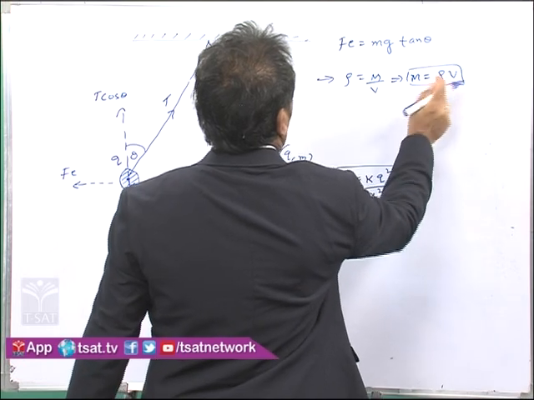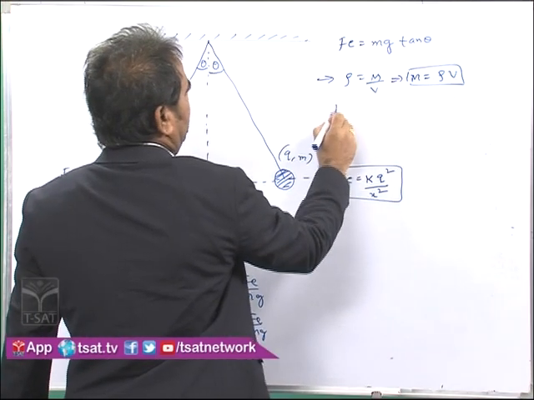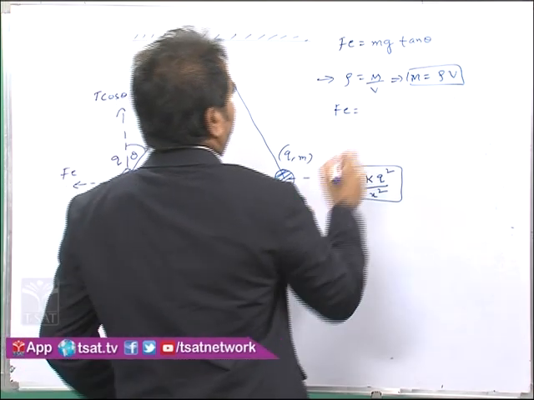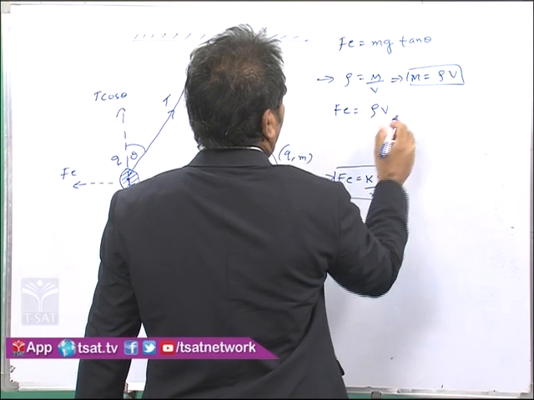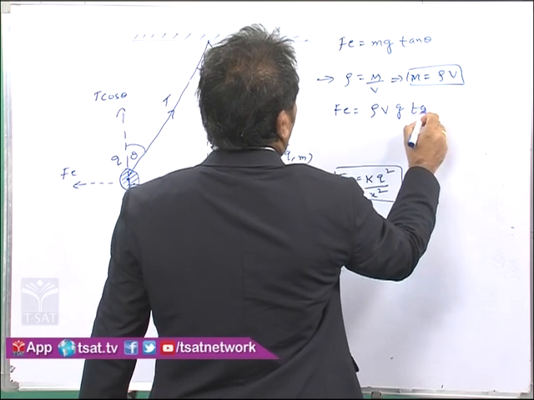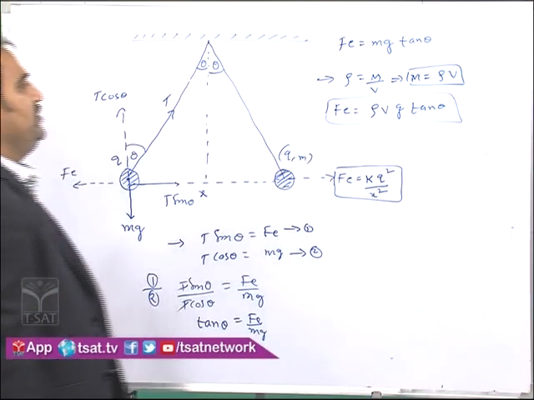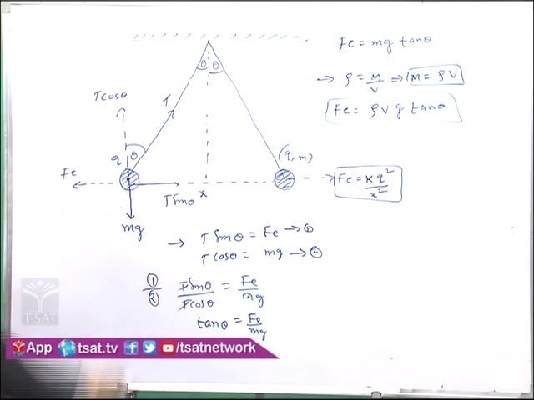This is the mass of the ball. Putting this value here, we get the electrostatic force of interaction between these two balls as rho v into g into tan theta. This is the electrostatic force of interaction when these two balls are suspended in the air.